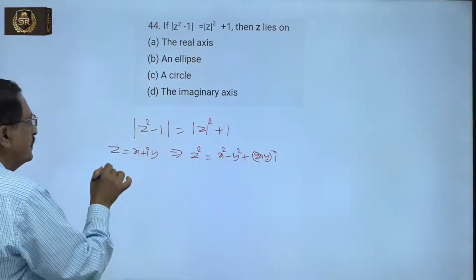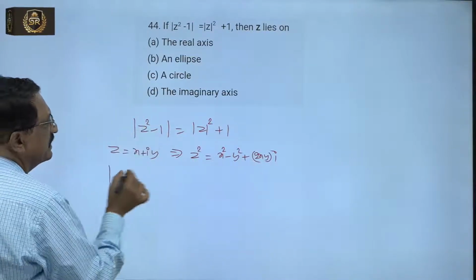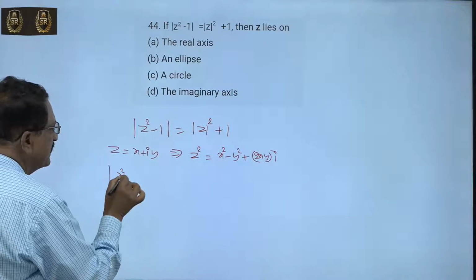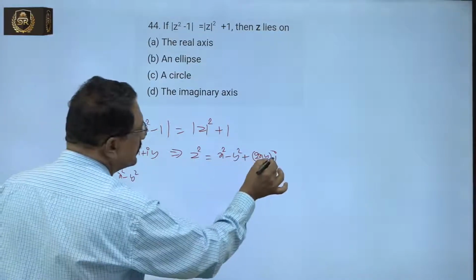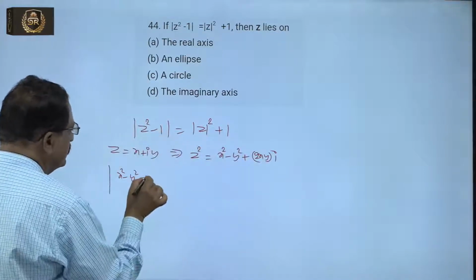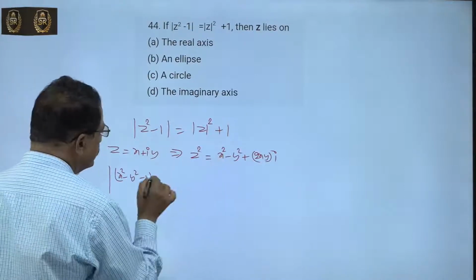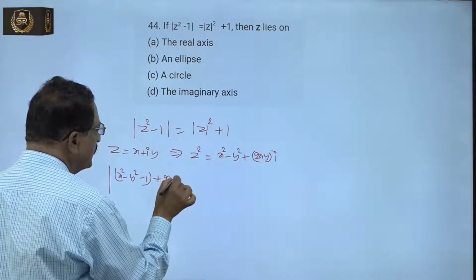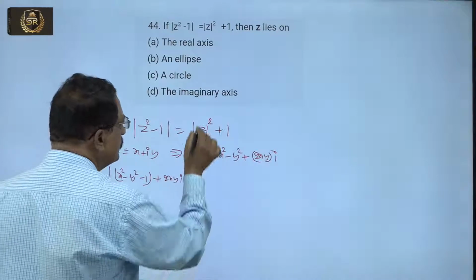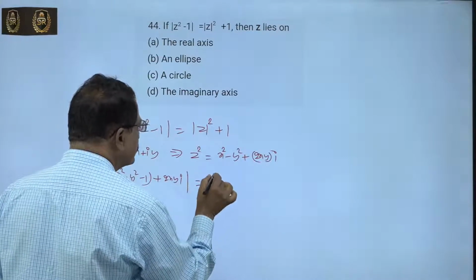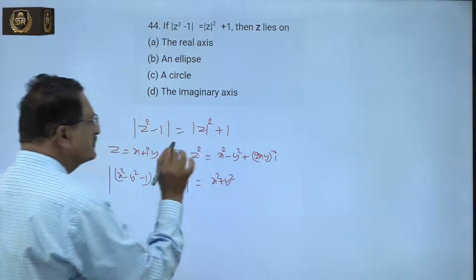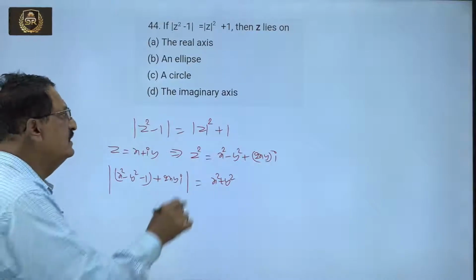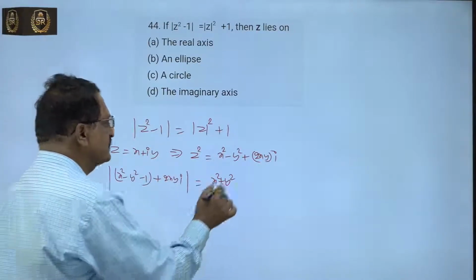Now mod of z squared minus 1 is x squared minus y squared minus 1 plus 2xyi, which equals mod z squared, which is x squared plus y squared, because mod z equals the square root of x squared plus y squared, its whole square equals x squared plus y squared, plus 1.